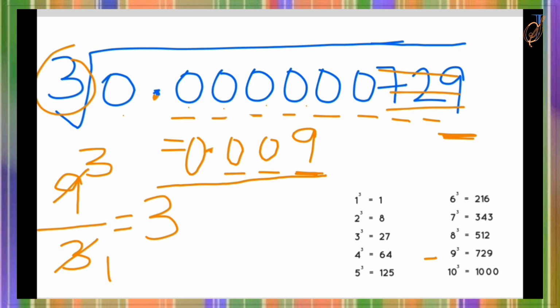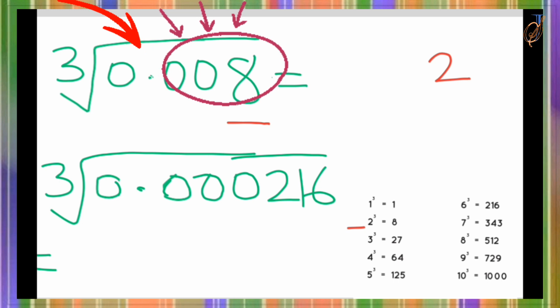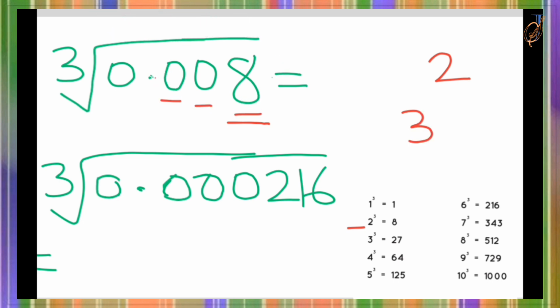I will explain one more example. Look at the unit digit which is 8 here. We can see that cube of 2 ends with 8. So your unit digit would be 2. And then decimal point placement. Count the number of digits after the decimal point in your original number. So after the decimal point, you have 1, 2, 3. Divide this count by the number 3. You will get 1.